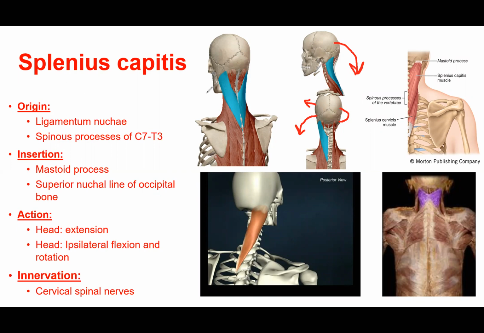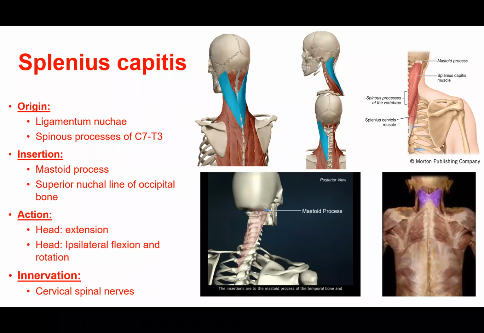All right, let's watch this quick video and you'll get a better sense of this. The origins of splenius capitis are from the inferior half of the ligamentum nuchae and the spinous processes of C7 through T3. The insertions are to the mastoid process of the temporal bone and the superior nuchal line of the occipital bone.